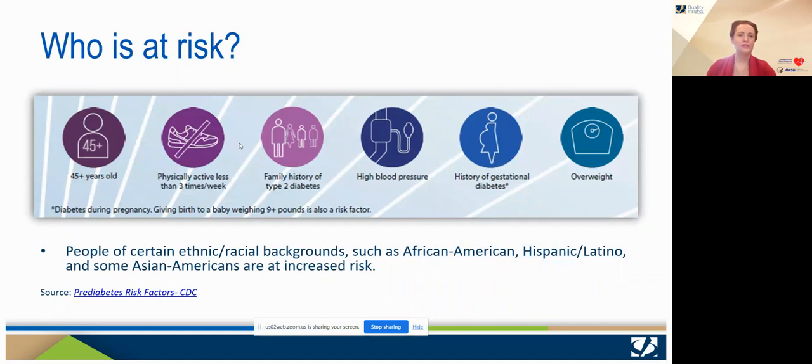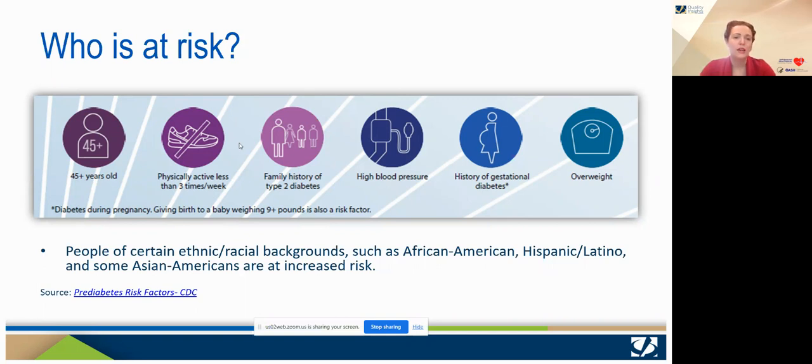Regarding risk factors, we talked about being over the age of 45 when we looked at the prevalence rate nationally. Those of us that are not physically active, those with a family history of type 2, those with high blood pressure, those with a history of gestational diabetes, and again, that linkage to being obese.